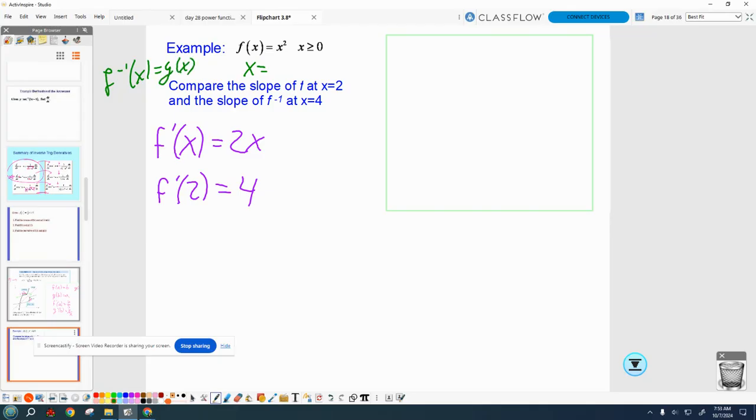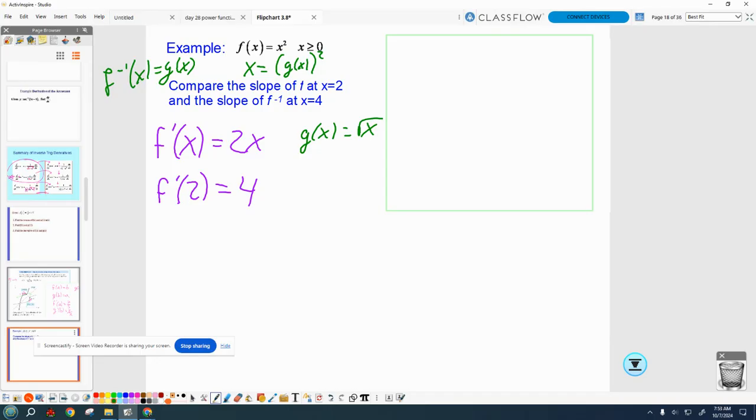And I'm gonna call it g of x, because I get confused otherwise. So how do I get g of x all alone? Sadie, what do I do to undo squared? Square root. So the inverse is square root.